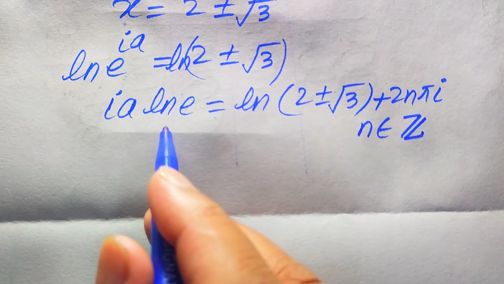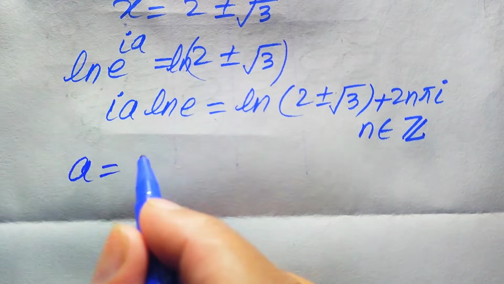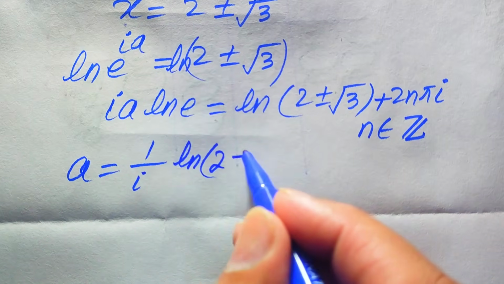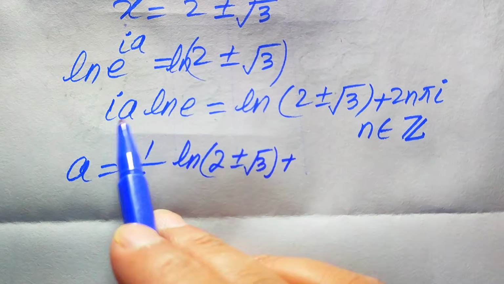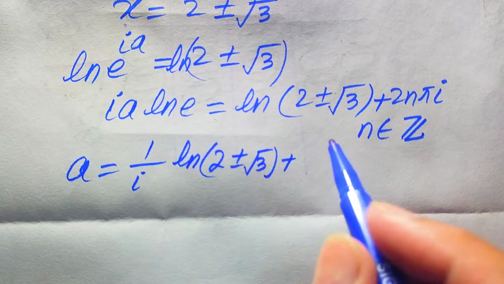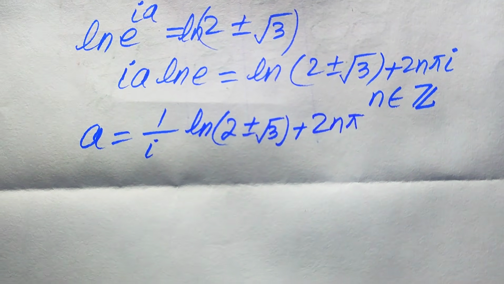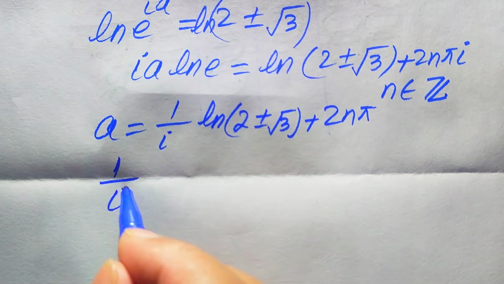So further you see here log e equals 1, and we move iota to the right hand side, and we get the value of a equals 1 over iota times log of 2 plus minus square root of 3 plus, when we divide by iota, this iota and iota are gone, and we get here 2n pi only. Okay, and now we need more simplifications here.